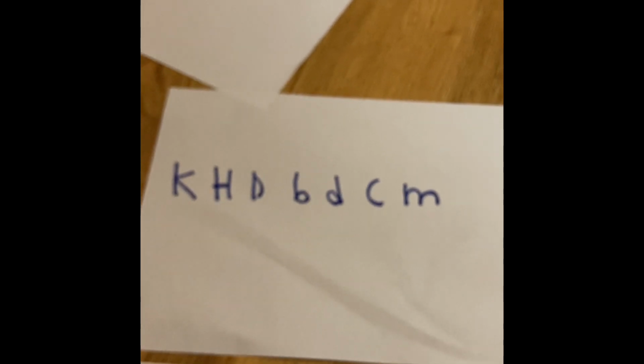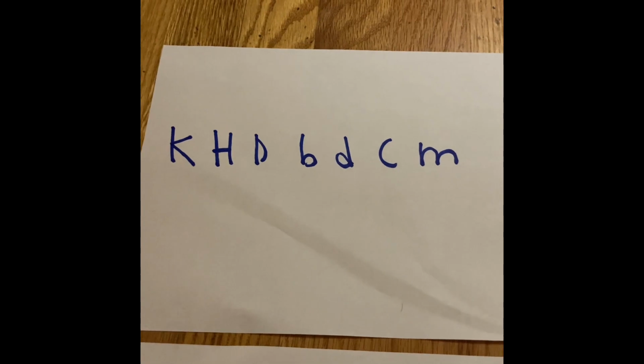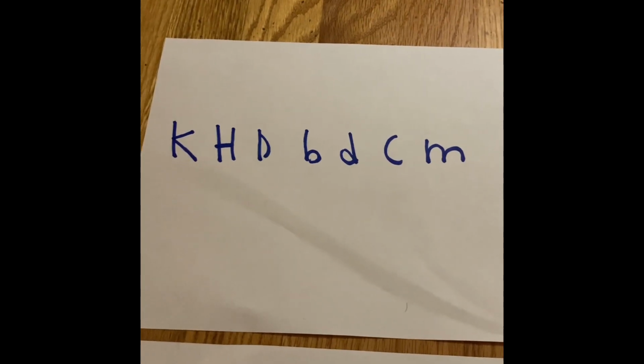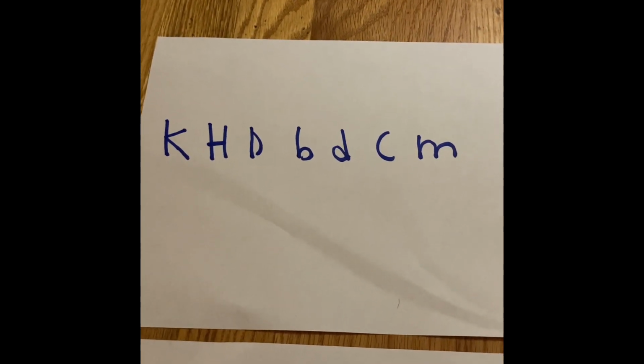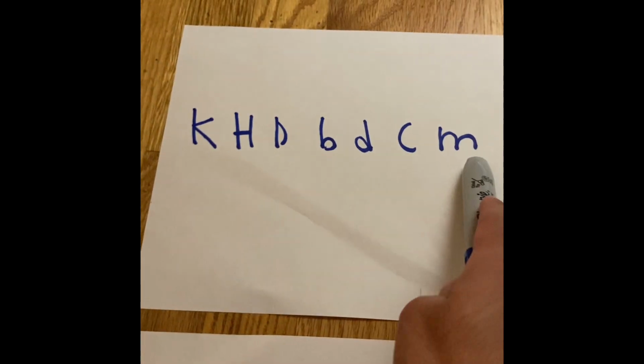To understand the metric system, there's an easy way we can convert from one unit to another. King Henry died by drinking chocolate milk.